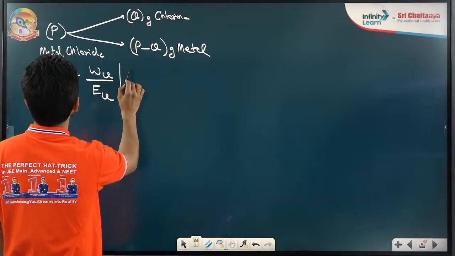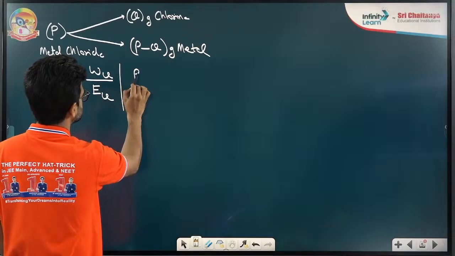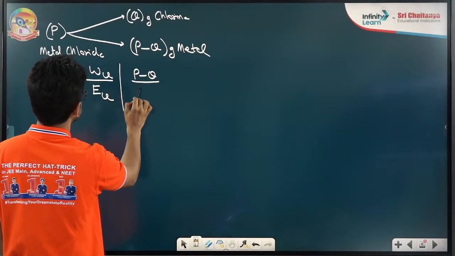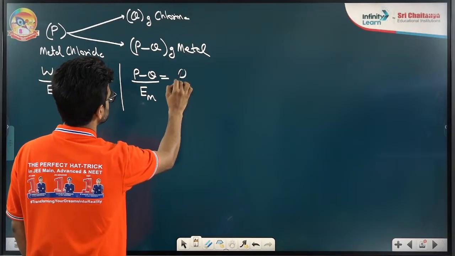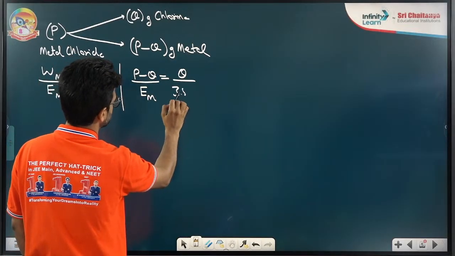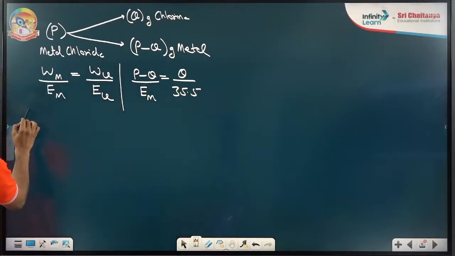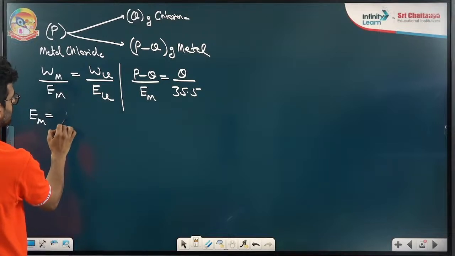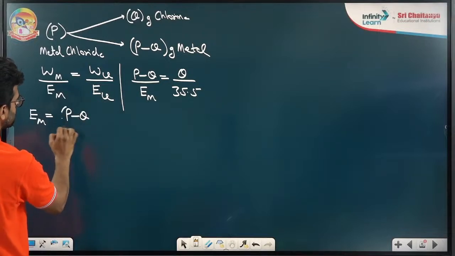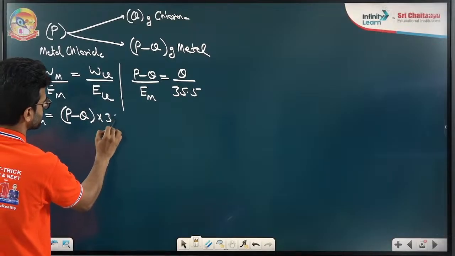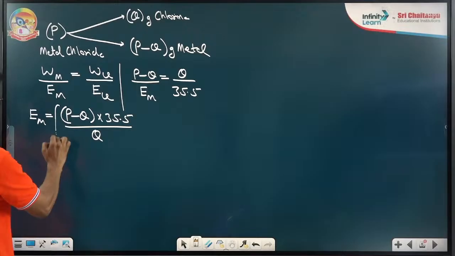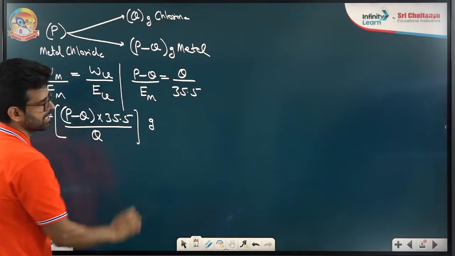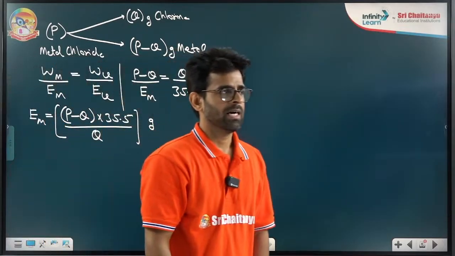Weight of metal is P minus Q, so P minus Q divided by EM. Chlorine is Q divided by 35.5. So we can find EM from here. If you solve it, EM is P minus Q into 35.5 divided by Q. This much gram is the equivalent weight of our metal.